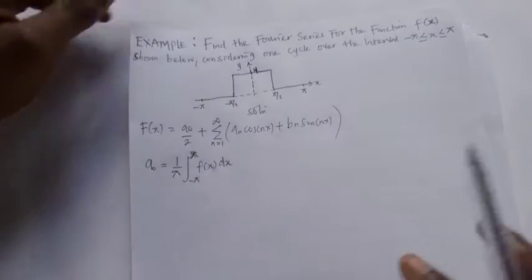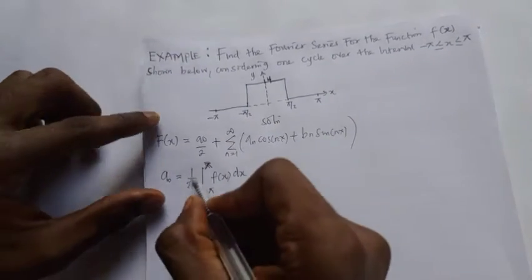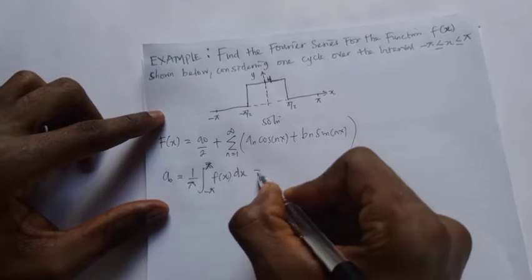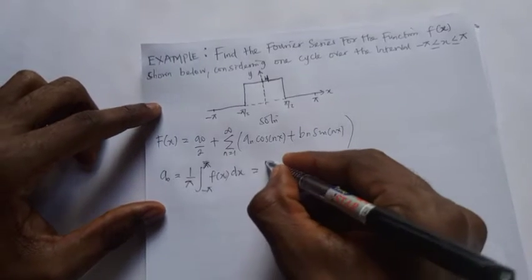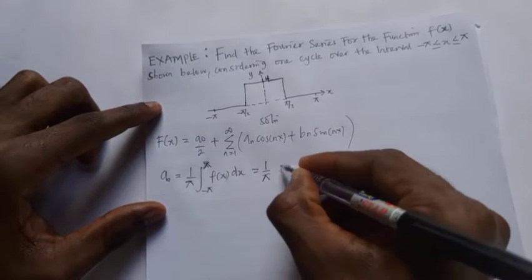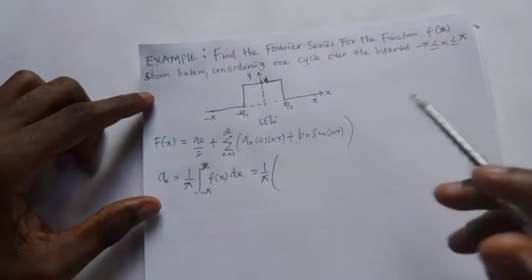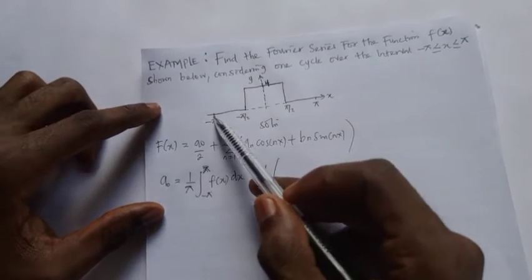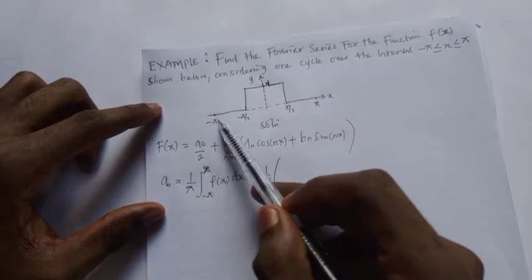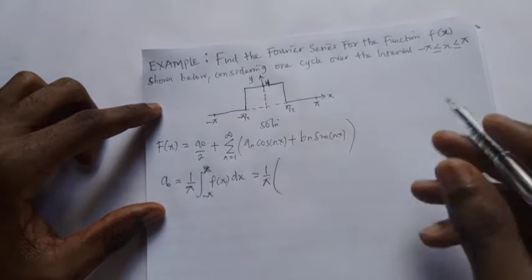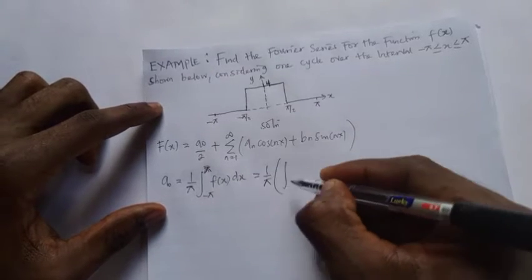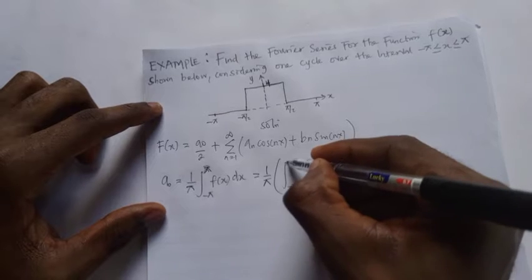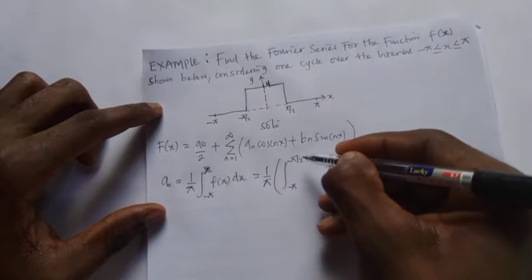Okay, so what it means is that this a naught is equal to 1 over pi into, the first one is the first integral. The first interval that we have here is from minus pi to minus pi over 2. So we're going to have the integral of minus pi to minus pi over 2.